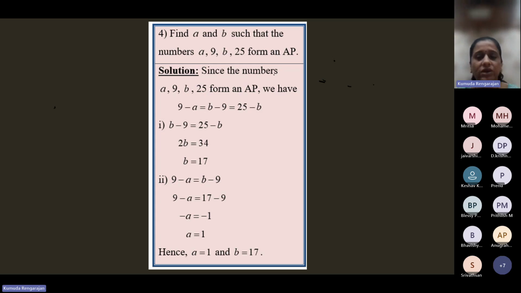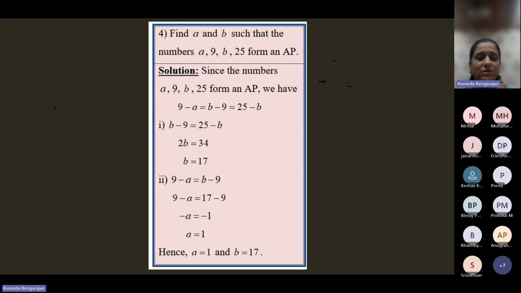If the numbers have to form an arithmetic progression, then the difference between any term and its preceding term must be a constant, will be the same.